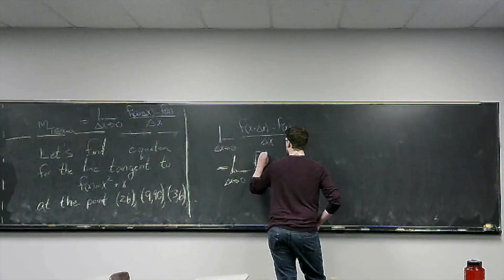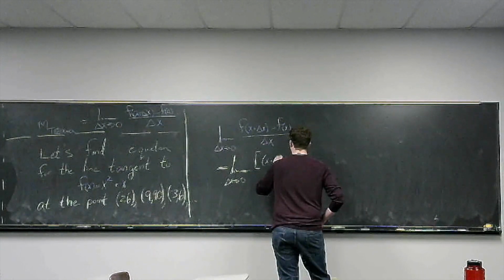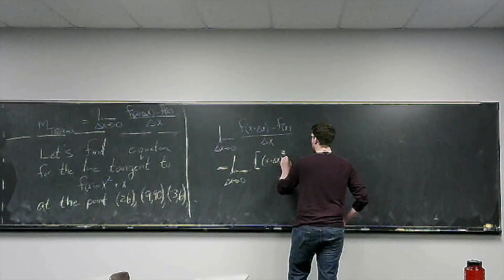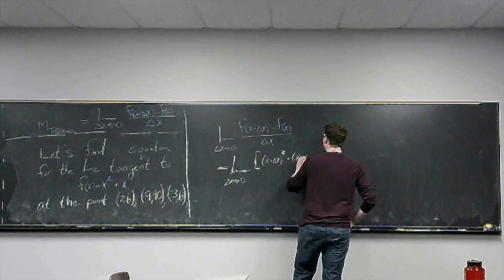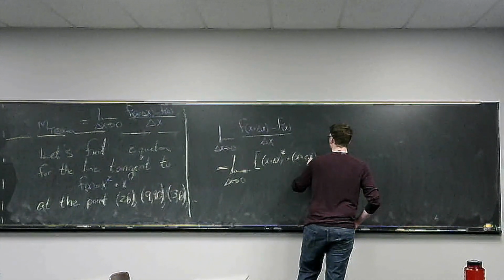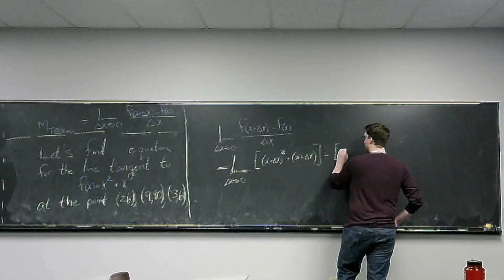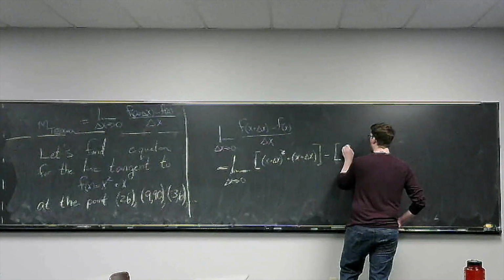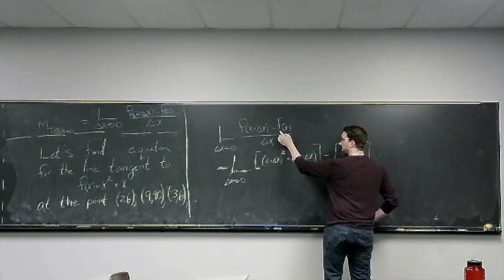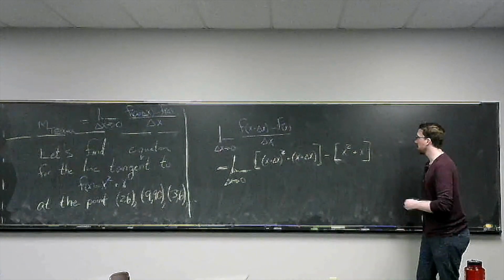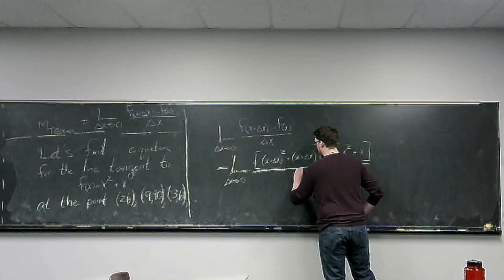We've got x plus delta x, that quantity squared, plus x plus delta x, all of that minus x squared plus x because of the second function here, all divided by delta x.